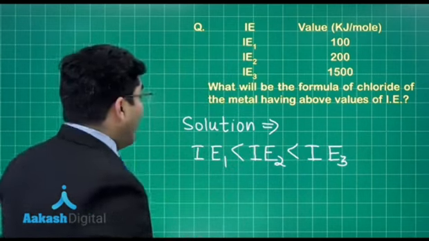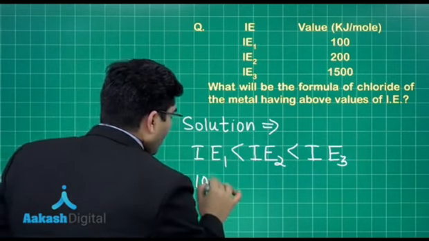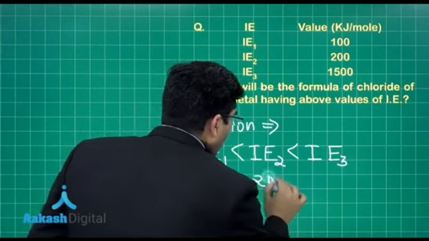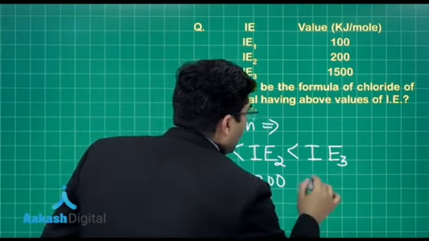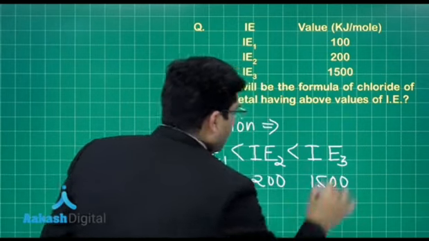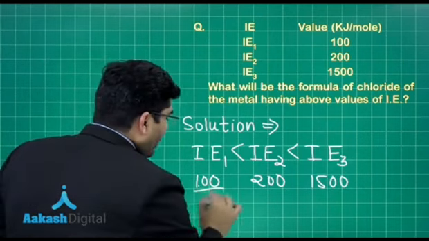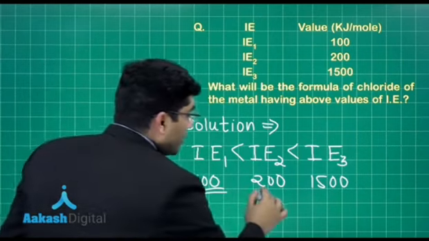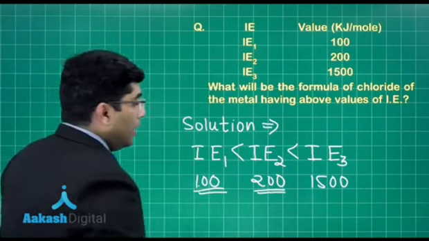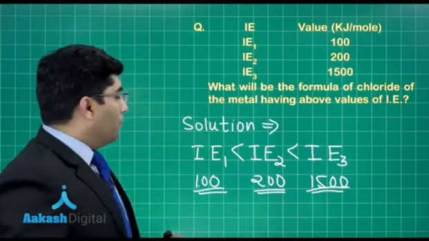The values given to us are 100, 200 and 1500. Now you can see clearly the value is 100, the next is increased by 100, but this one is increased by 1300.